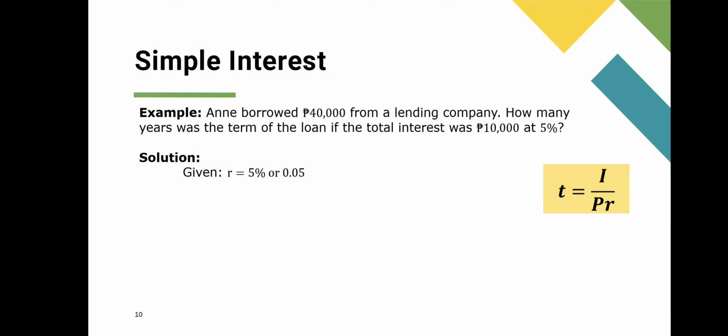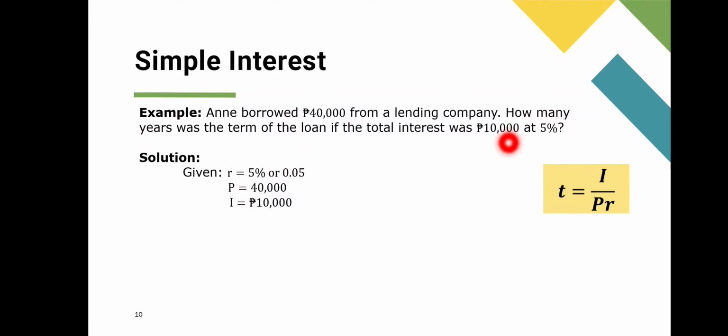So we know that the rate is 5% or 0.05 based on our problem. Then we also know that the principal amount is 40,000 pesos because this is what she originally borrowed. And the total interest according to the problem is 10,000 pesos.